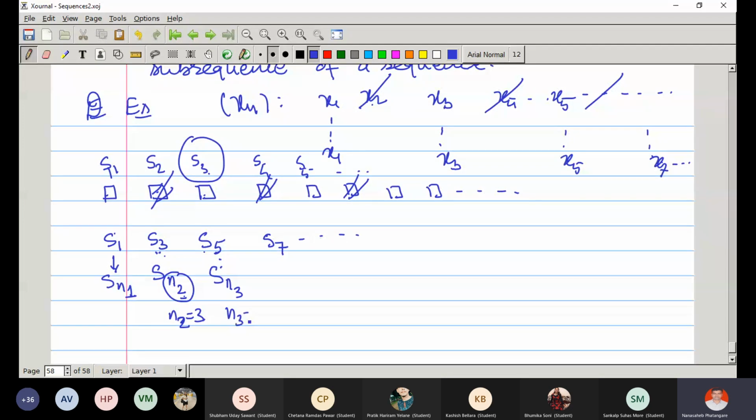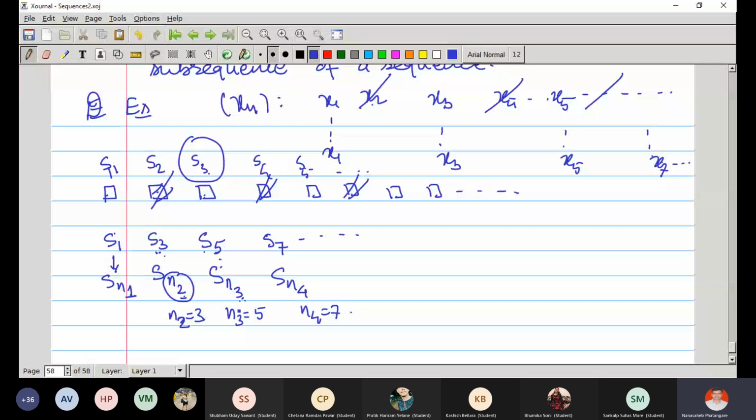The original position n3 is 5. But what does 3 stand for? It is the third position in the subsequence. So 3 stands for the position in the subsequence and n3 stands for the original position. Do you understand? s_n4, n4 is 7.